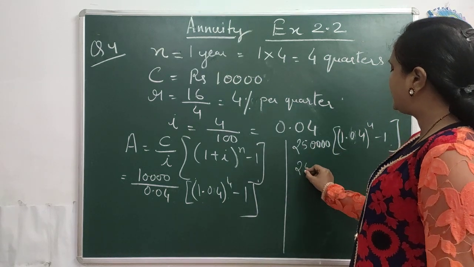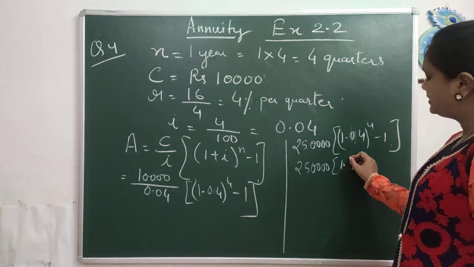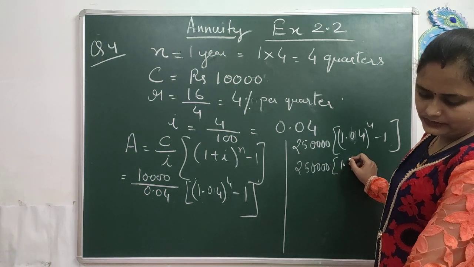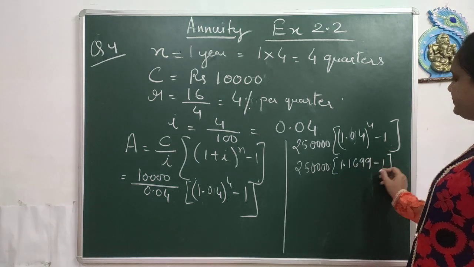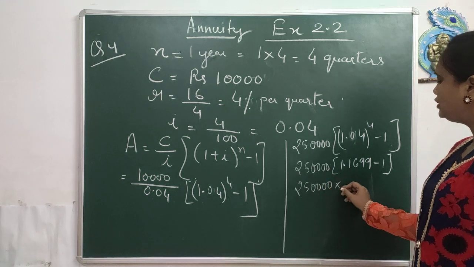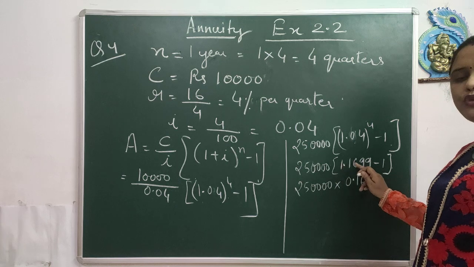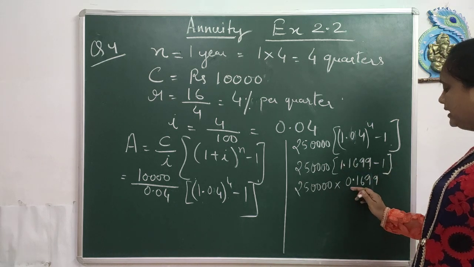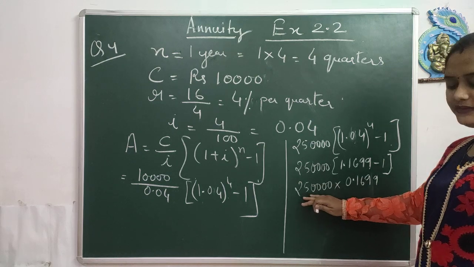So this is 2,50,000 into 1.1699 minus 1. So this will be 2,50,000 into 0.1699, because 1.1699 minus 1 will be 0.1699. Multiply this by 2,50,000.